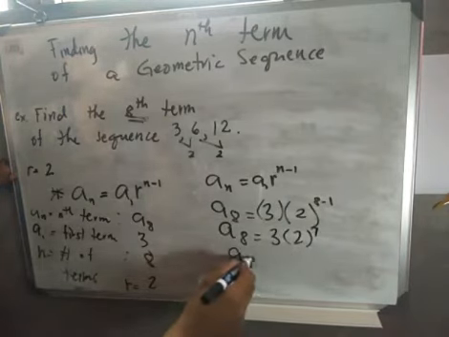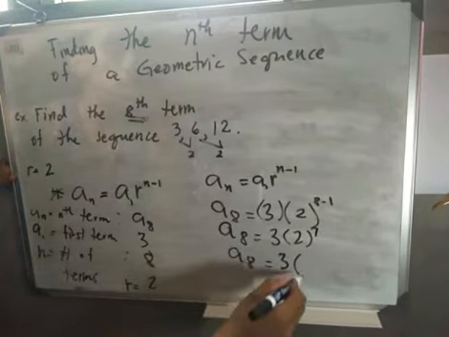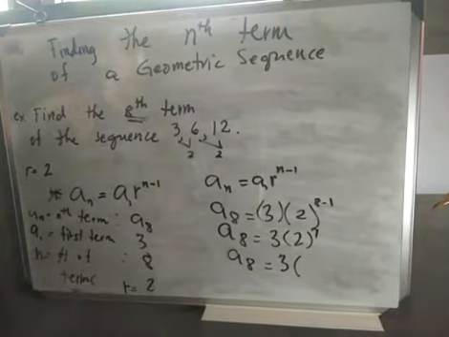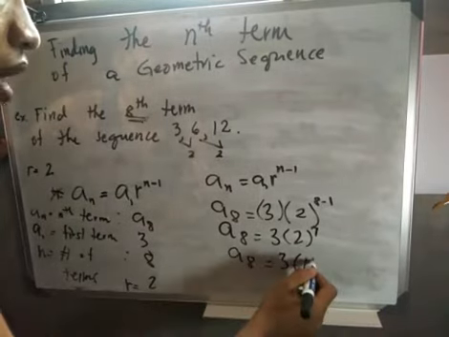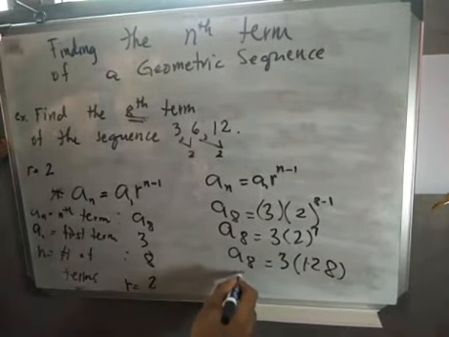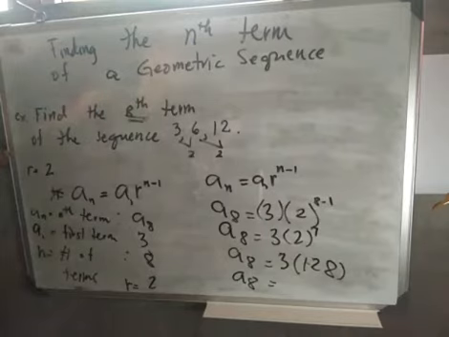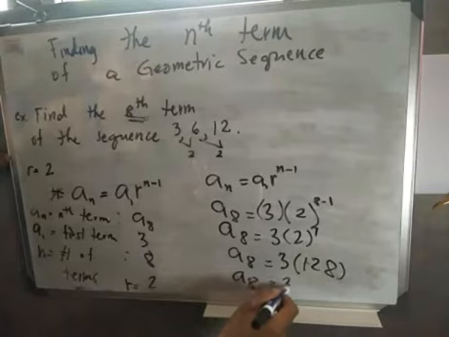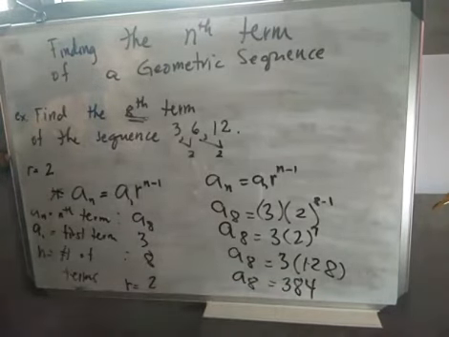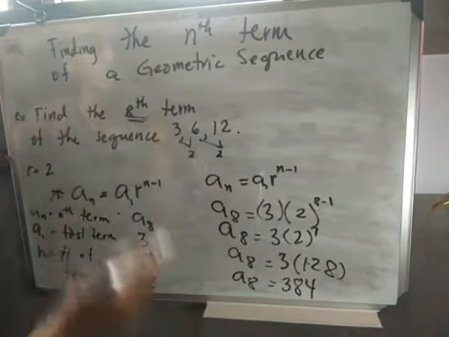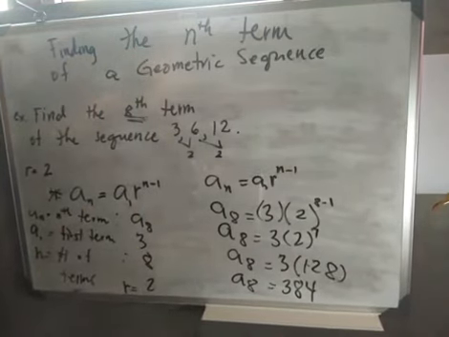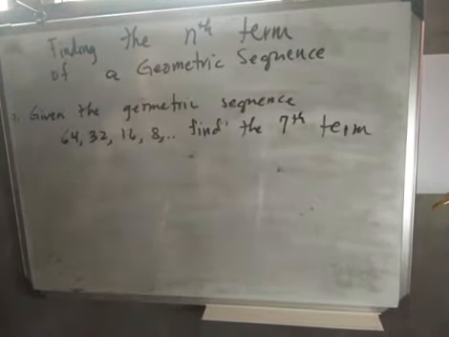Then a sub 8 is equal to 3 times 2 raised to 7. That is 128. So yung a sub 8 natin is the product of 3 and 128. 3 times 128, that is 384. Therefore, the eighth term in the sequence is 384.